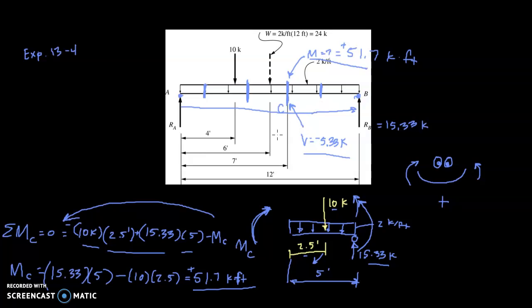And those diagrams are called shear and moment diagrams. They're two separate diagrams that will show us graphically what the shear is all along the beam and what the moment is all along the beam. So there's a process to follow to make a shear and moment diagram, and I will introduce you to that process in the next video.